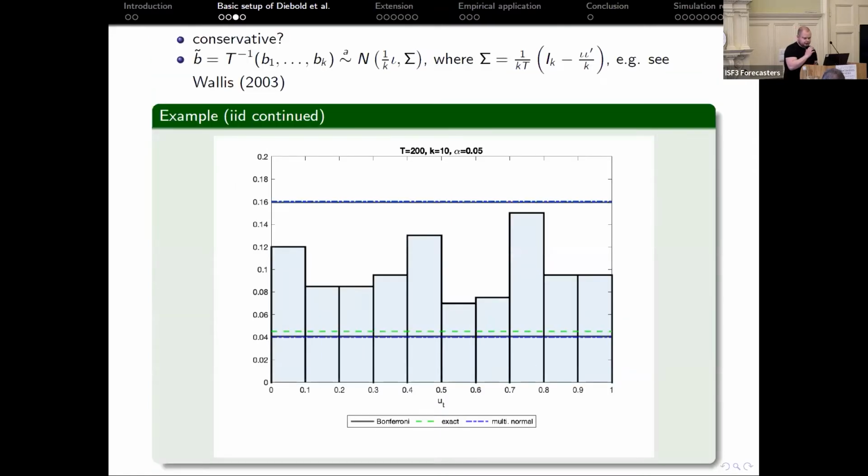In the next histogram, I hope that you can see that on the screen, there are now three confidence bands. The first one, the black one, is again Bonferroni as before. Then we have simulated ones from the multivariate normal distribution you can see on the top. And we also have the exact simulated ones under the null. That is the green one.